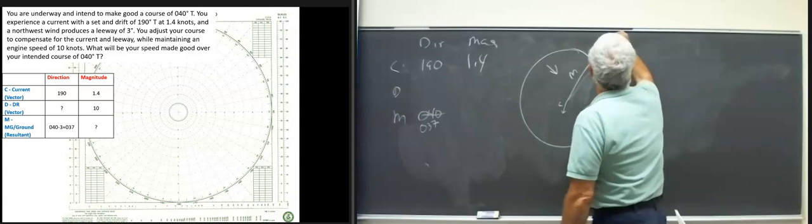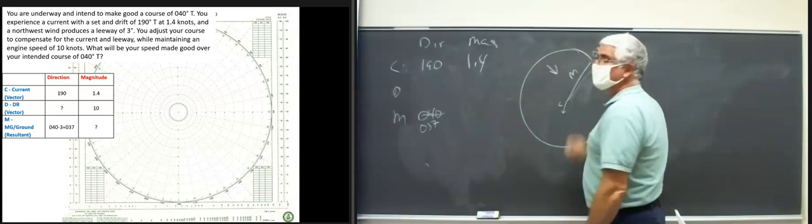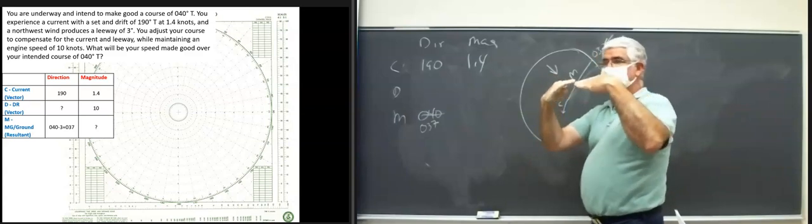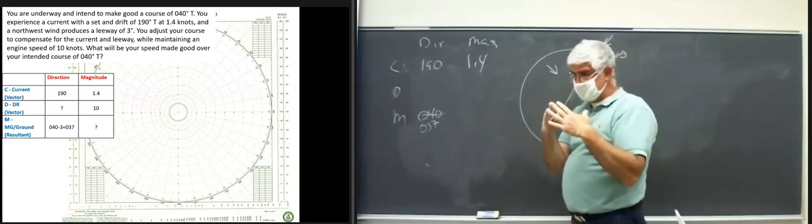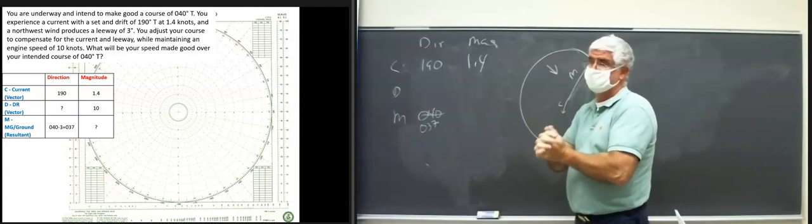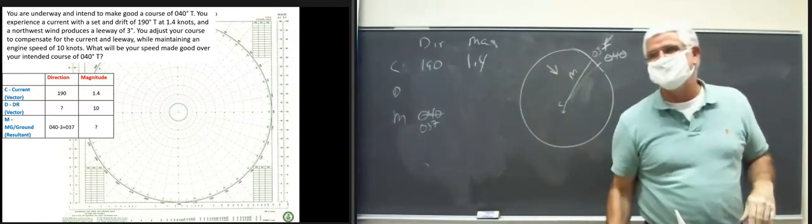If the wind is on your bow, there would be no leeway effect. It'll affect your speed at the end. And they're not going to ask you that question. Let's leave it that way.